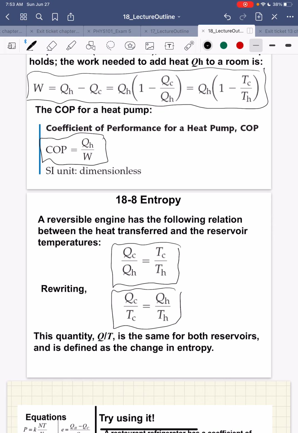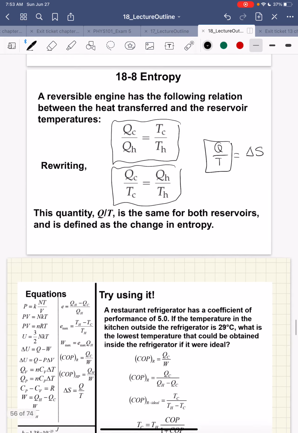Then we have Q cold over T cold equals Q hot divided by T hot. This quantity, which is the same for both reservoirs, is defined as the change in entropy. Q over T we call the change in entropy. We use S for entropy.